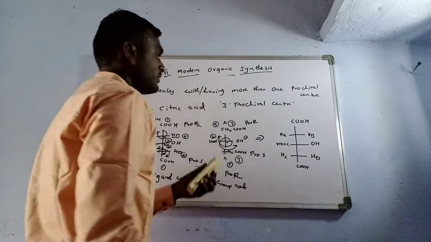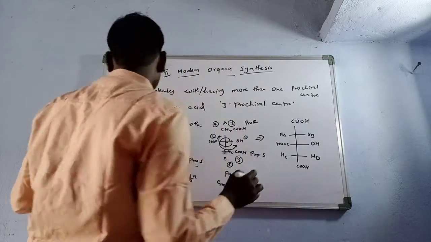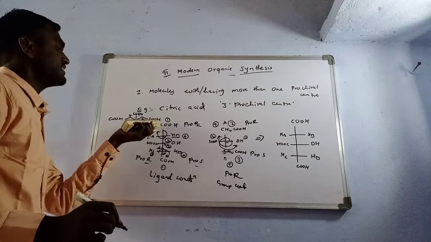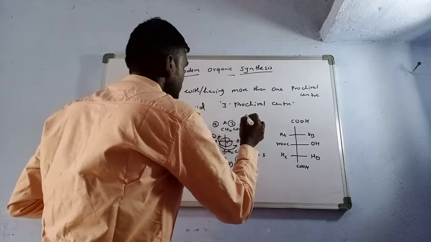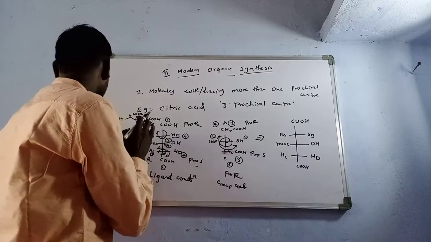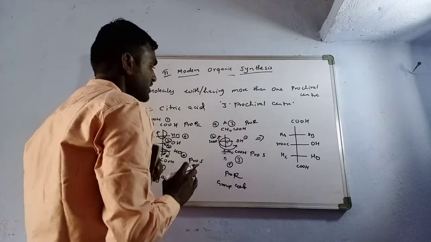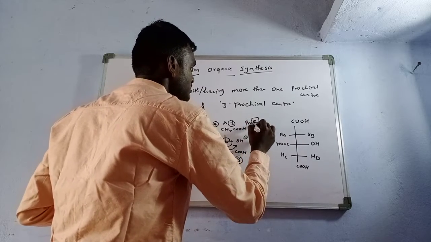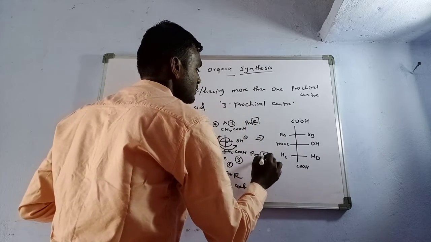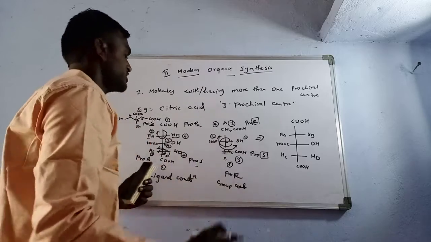Okay, for the HA molecule, what is the configuration? That is the S configuration. In order to differentiate ligand configuration and group configuration, now I am putting a square on the group configurations, right? Okay, it will be very easy.